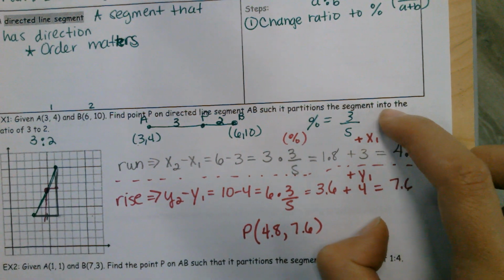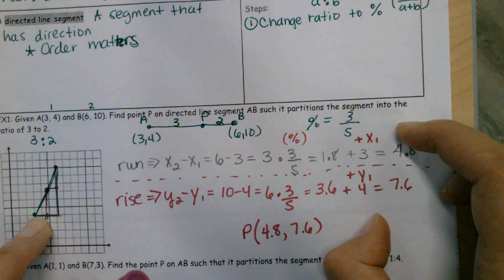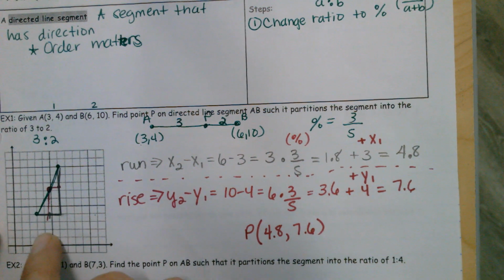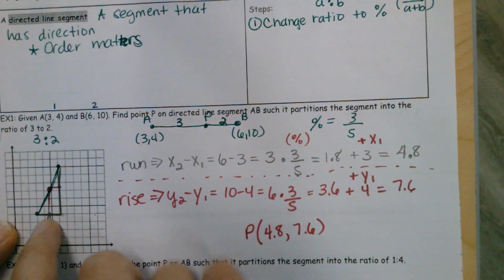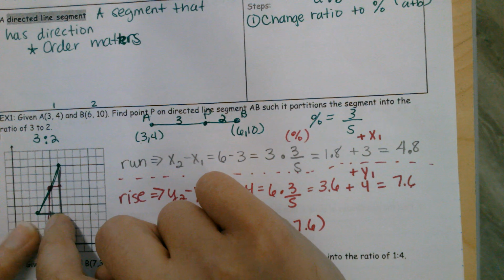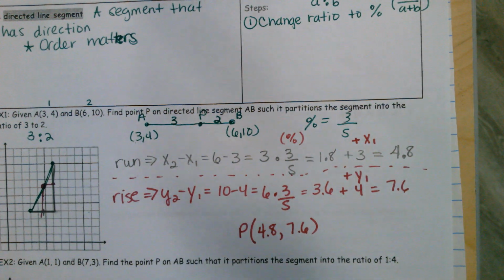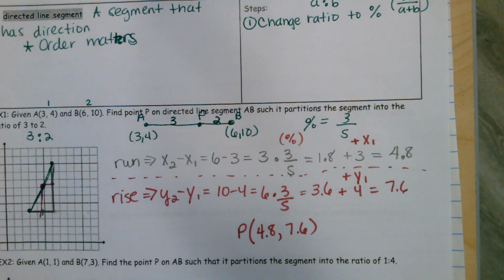So we can't just start at 0, 0. We have to add back. We're starting with point A, or 3, 4. We have to add to that point. We are going 1.8 units, running that far, and we are rising 3.6. So that's why we always add back our original x and our original y.